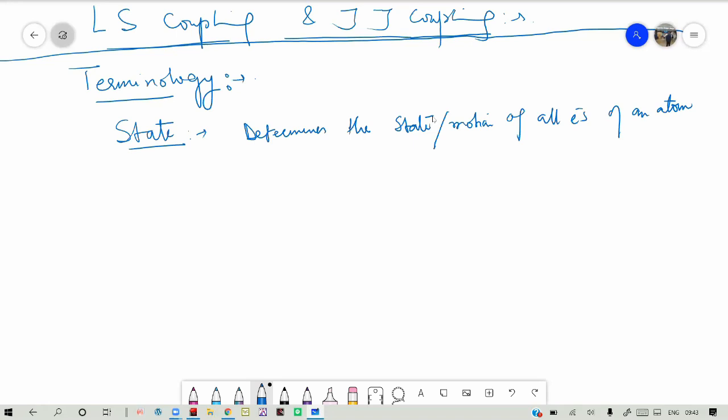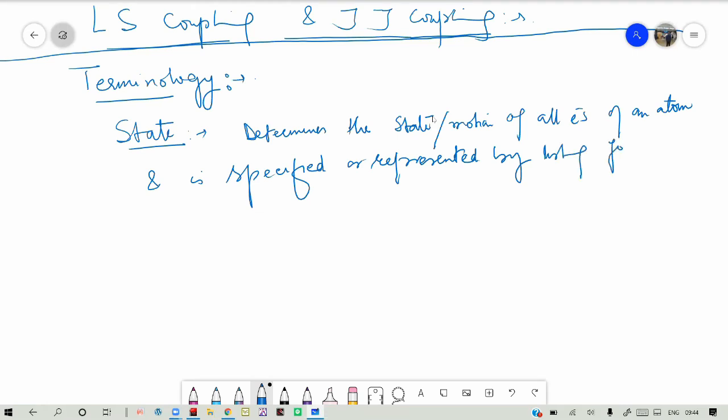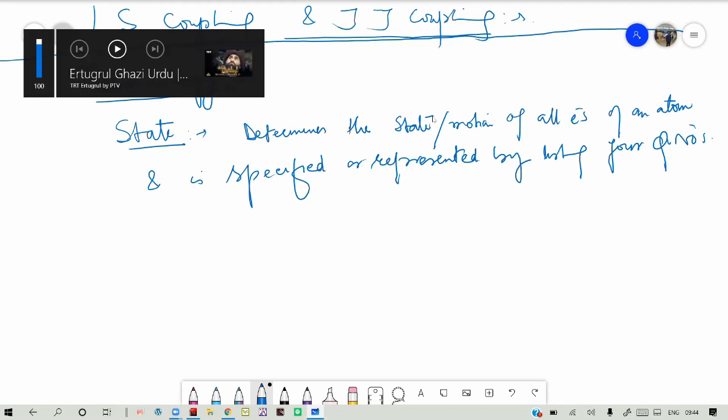And how is a state specified or represented? How can we represent the state of an atom? By listing 4 quantum numbers, okay?